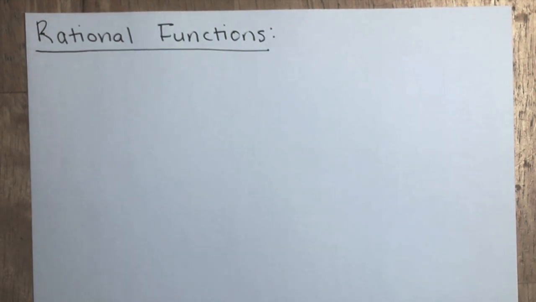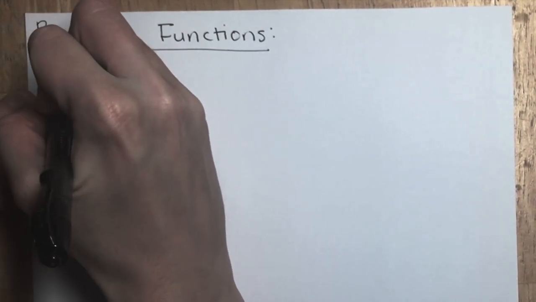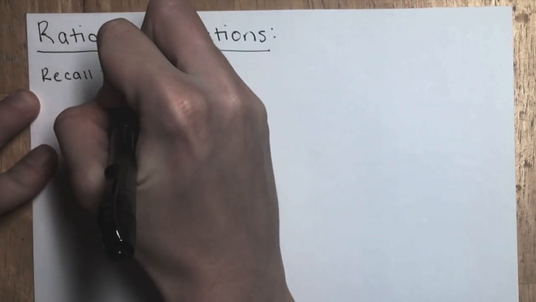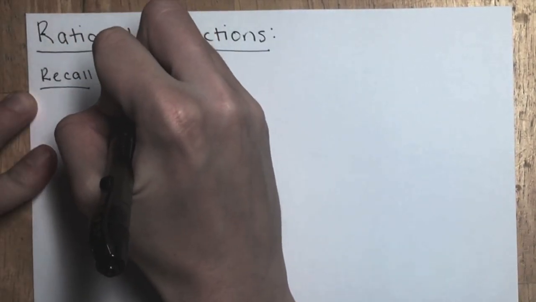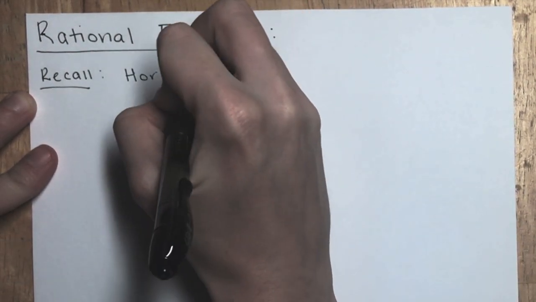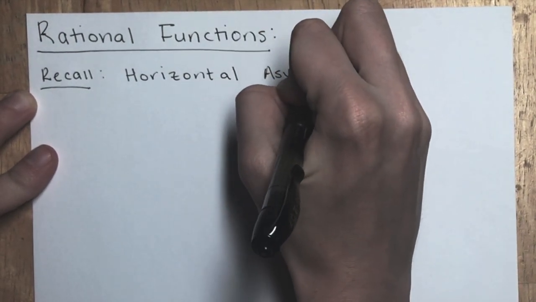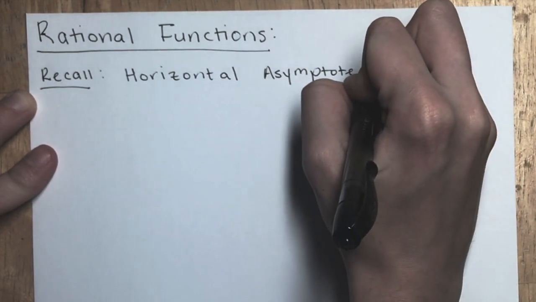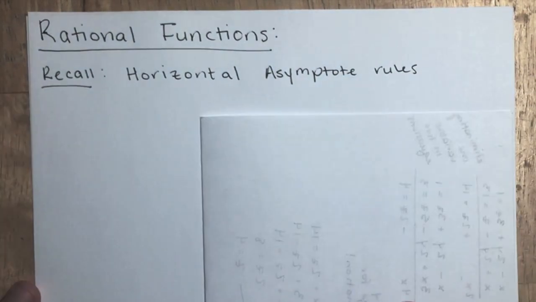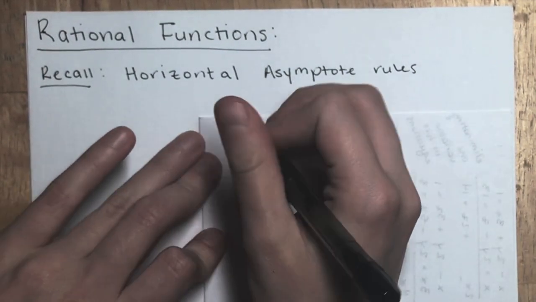So in order to get back into this, I would like to quickly review our horizontal asymptote rules. The horizontal asymptote rules that we talked about in Module 2 were the ones that we had to just memorize, right? So if you'll recall, there were 3 of them.